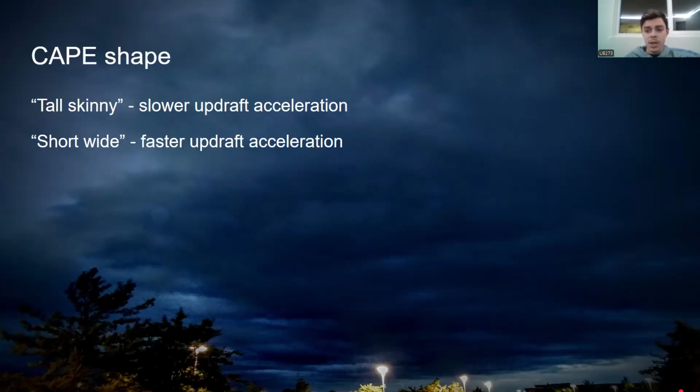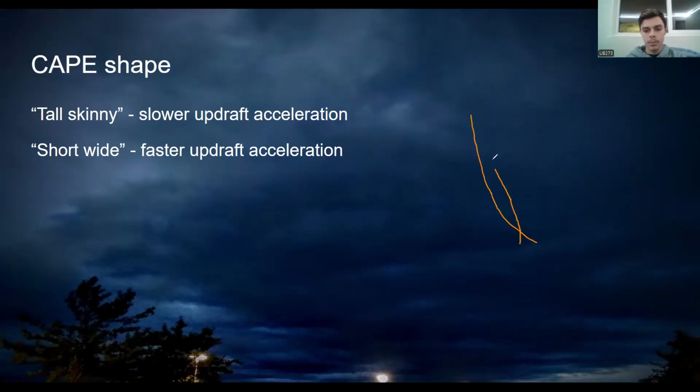All right, CAPE shape. The shape of the CAPE that we have on our sounding is going to be associated with what level of updraft acceleration we are going to have. If we have tall, skinny CAPE, if I were to draw it, CAPE that's like this region right here, that is going to be slower updraft acceleration.